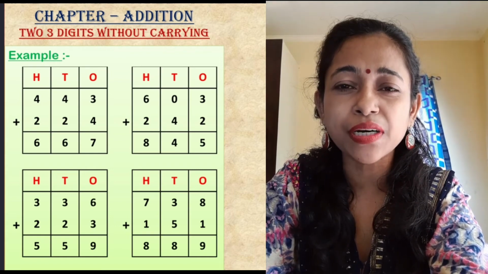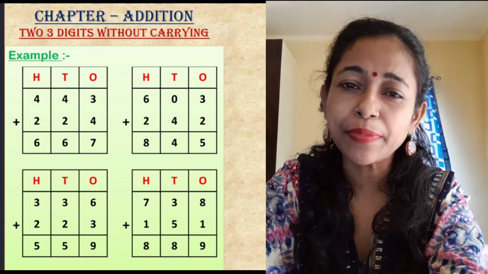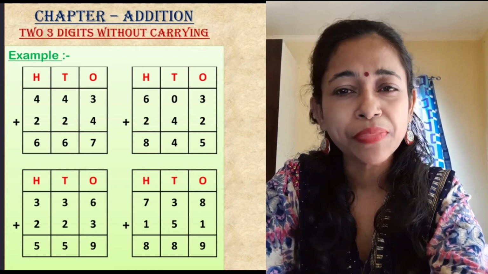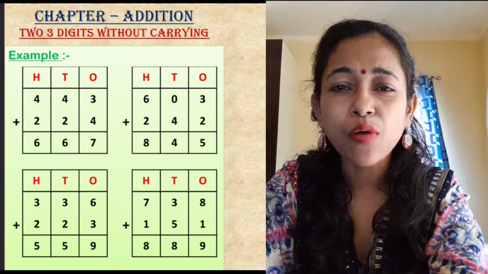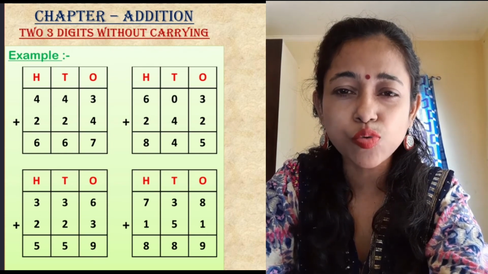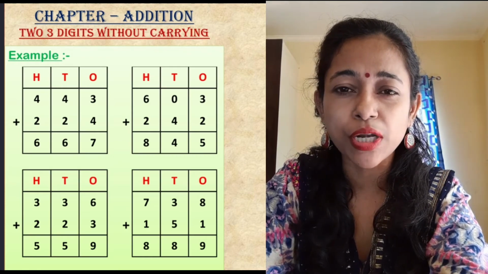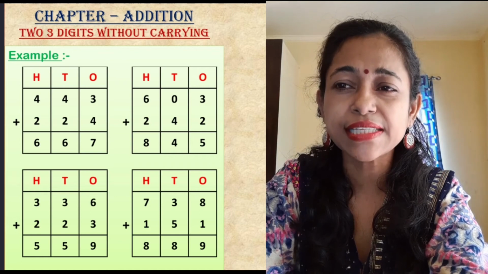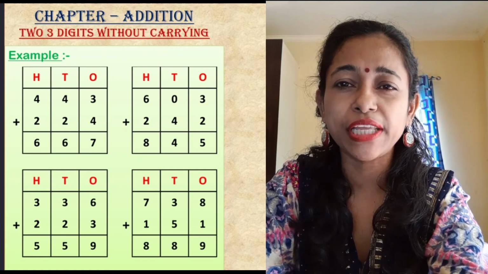So any number when added to 0, that becomes that number itself. So 0 plus 4 is equal to 4. Now on the hundreds place, you have 6 hundreds plus 2 hundreds, which is equal to 8 hundreds. So our answer is 845.